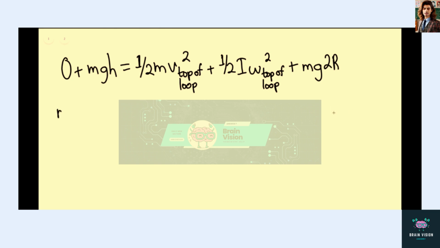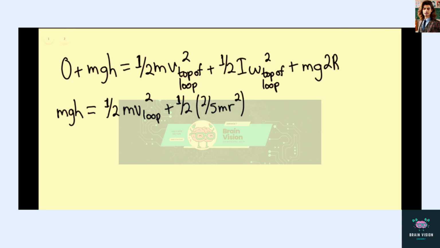So we can say that mgh would be equal to 1/2 m v loop squared, plus 1/2 times the moment of inertia of a sphere, so 2/5 m r squared, multiplied by the velocity at the top of the loop squared, divided by r squared, the radius of the marble, plus, again, 2mgR.